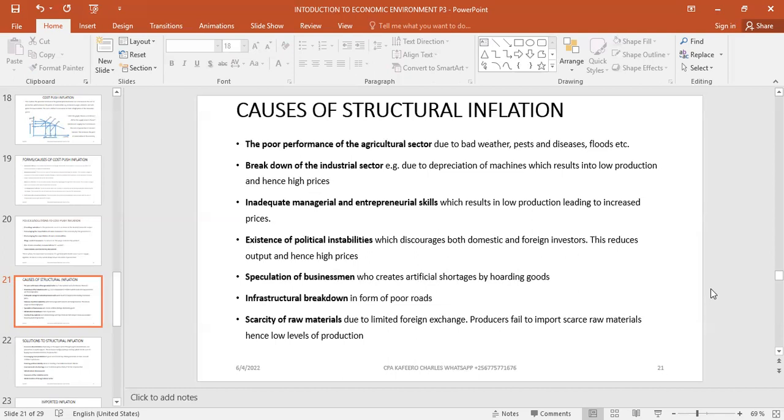So when that happens, we are reducing production and increasing prices.